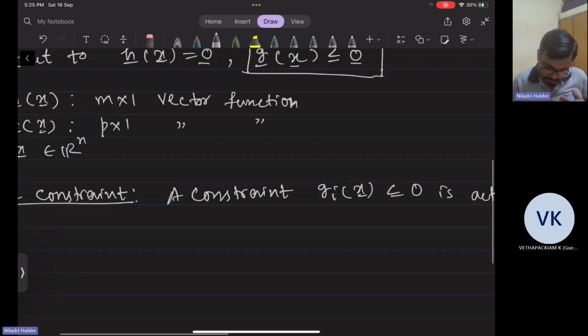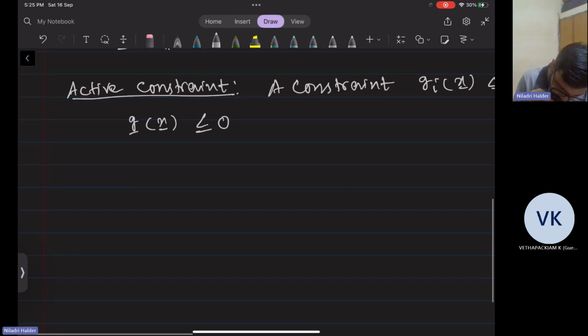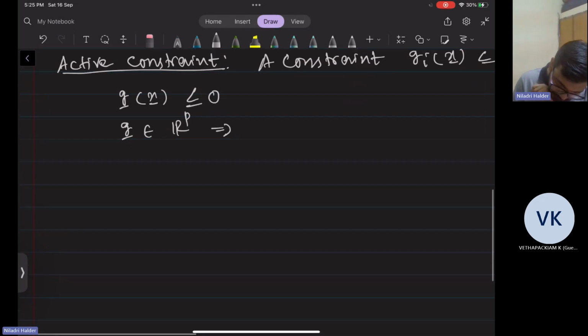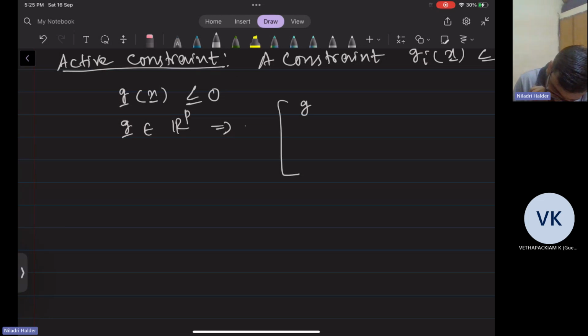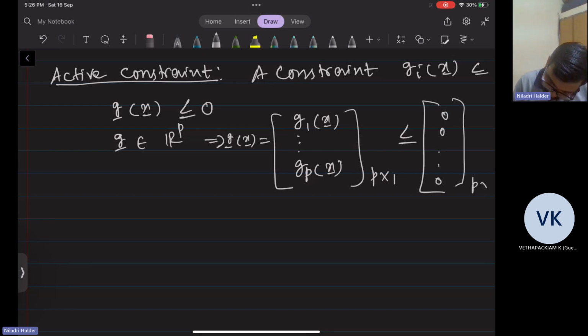So we have g of x less than or equal to 0, which is the inequality constraint. Suppose g is a p cross 1 vector, so it's a p-dimensional vector. So g of x can be written as g1 of x, up to gp of x, and it should be less than or equal to 0, 0, dot dot dot 0, which is also a p-dimensional vector.